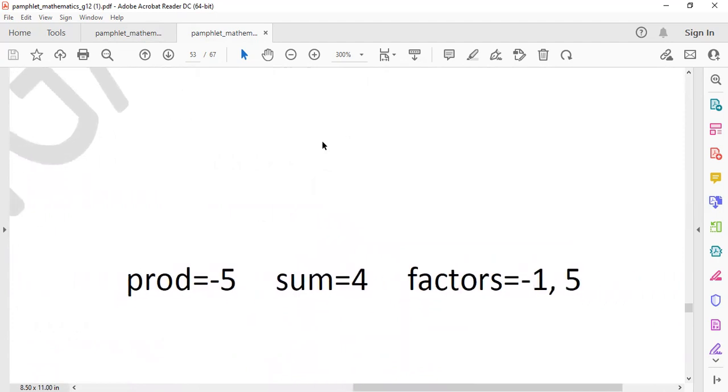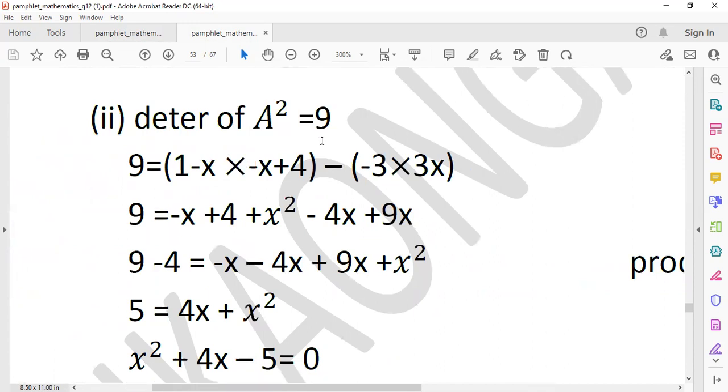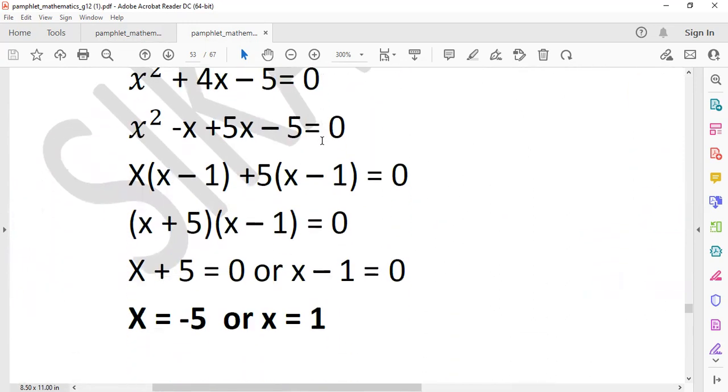So I want to try out something, because they're saying the values of x are negative 5 and 1.